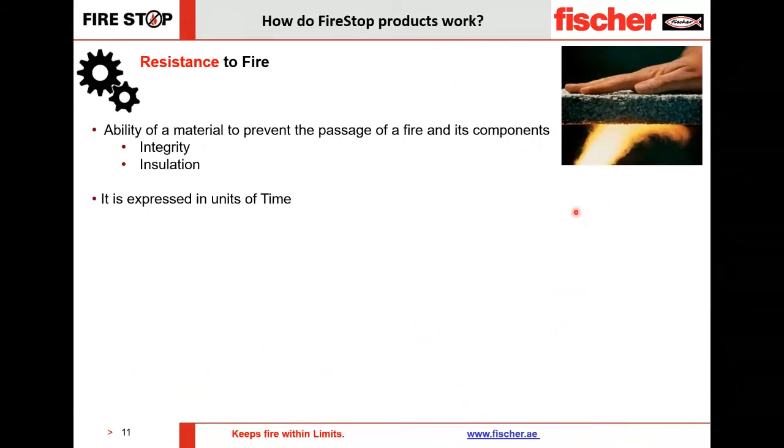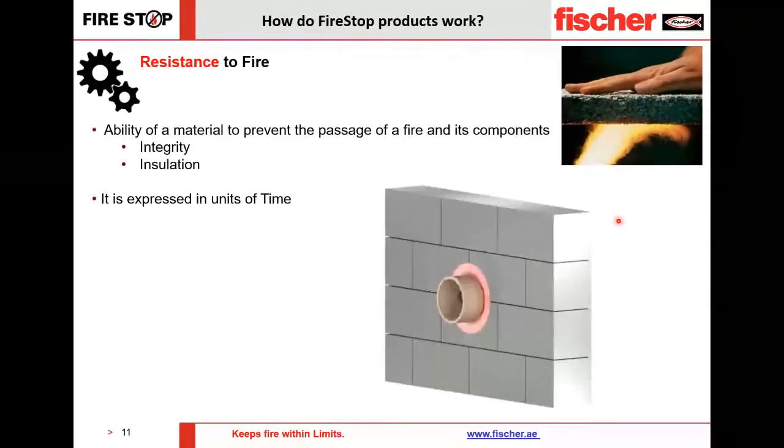Now, resistance to fire is the measurement of the ability of a material or a system to resist and ideally prevent the passage of fire from one distinct area to another area. Let's go back to the wall that was constructed and reinstated.